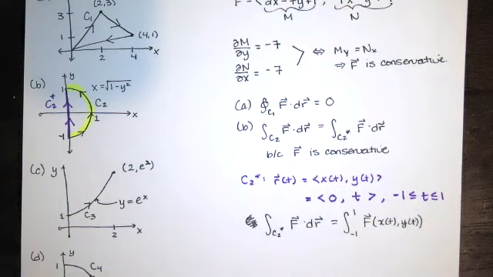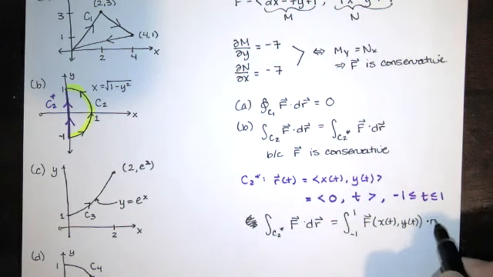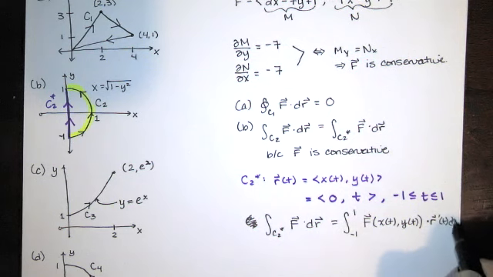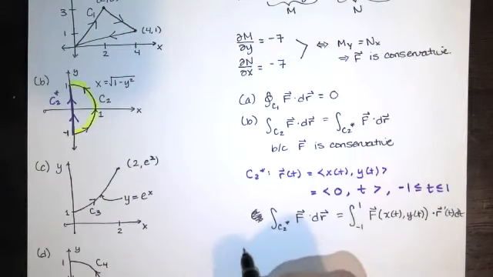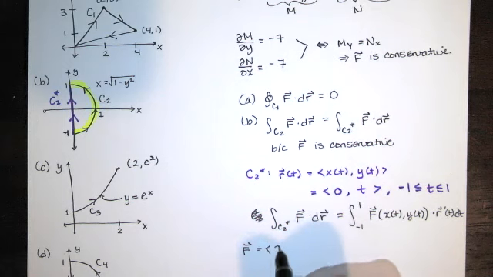Now, of course, t does not have to represent time, but it's just an easy way for us to think about it. So we're going to take our field, we'll write it in terms of t by making a substitution, and then we'll dot that with r prime of t. So our field was this.